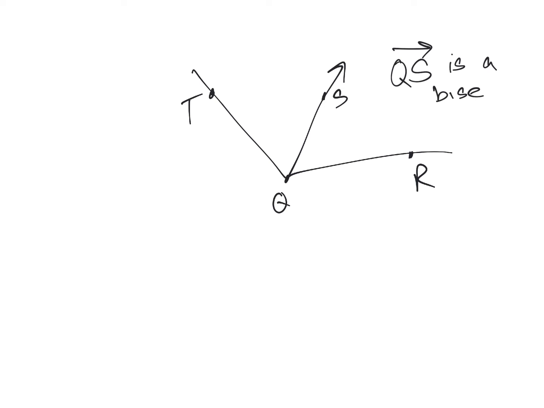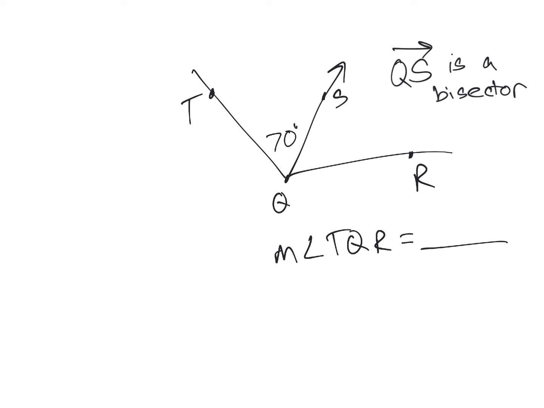Let's go with T, Q, R, S. QS is a bisector. What is the measure of angle TQR if angle TQS is 70 degrees?